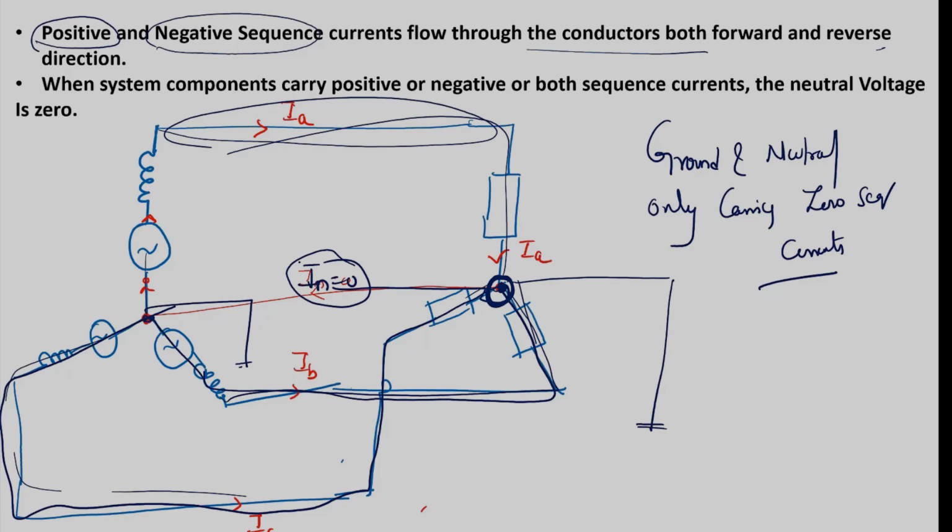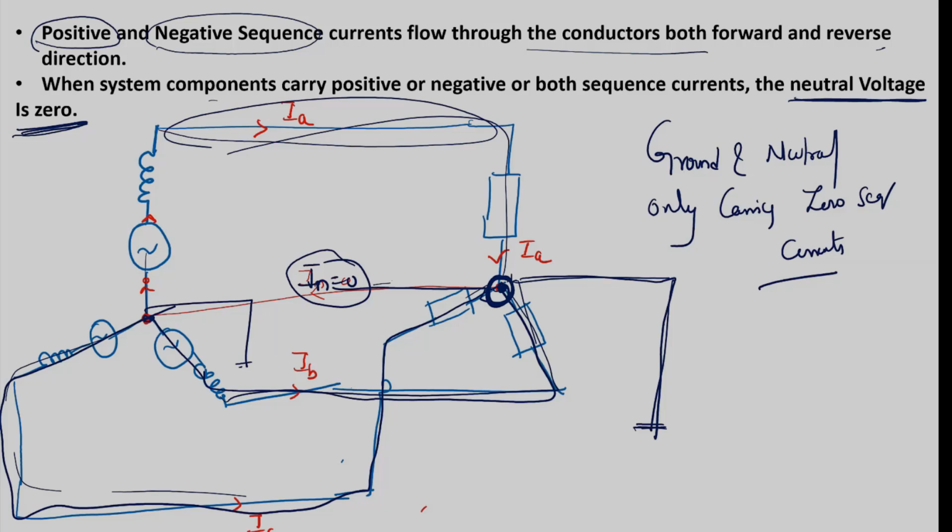When the neutral current is zero, the neutral voltage is also zero. That means when it is carrying only positive and negative sequence components, the neutral voltage and ground voltage both are zero. Understand? That is the fourth important observation.